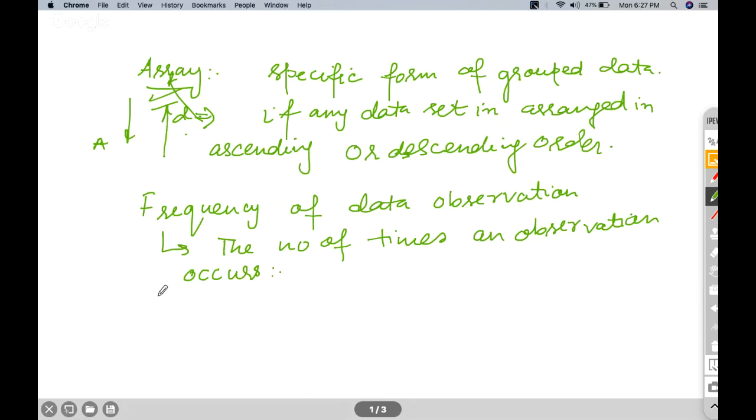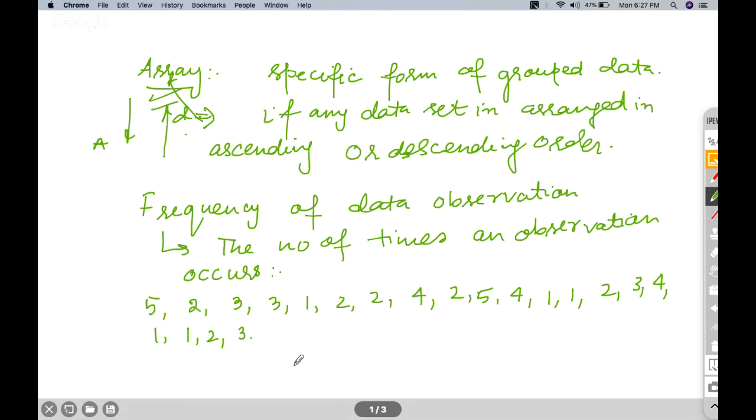So what I'll do is I'll take a few numbers and I'm writing a few numbers here: 5, 2, 3, 3, 1, 2, 2, 4, 2, 5, 4, 1, 1, 2, 3, 4, 1, 1, 2, 3.